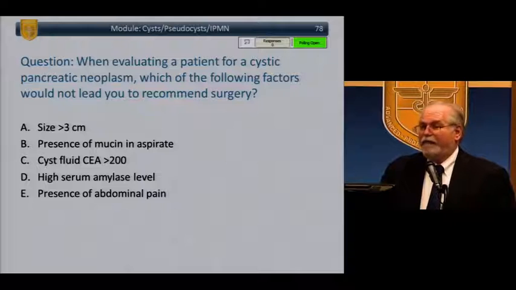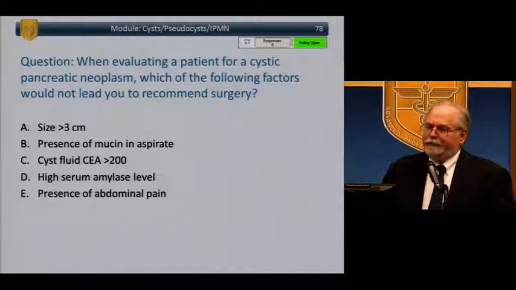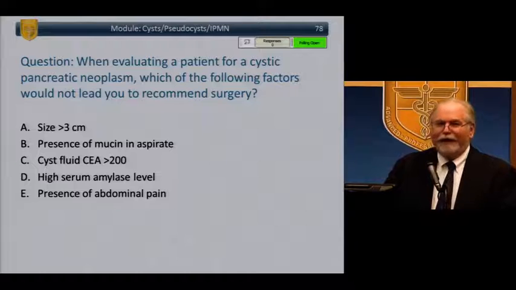This question may very well appear on your exam because they like questions about pancreatic cysts. You've got to pick one or the other.